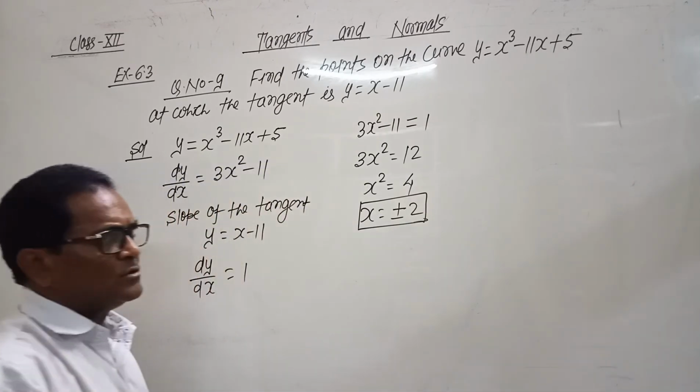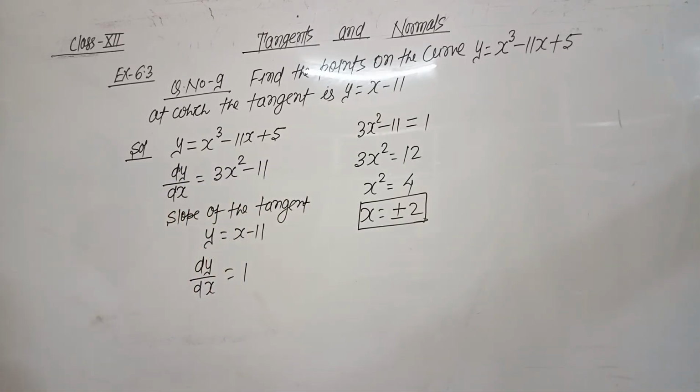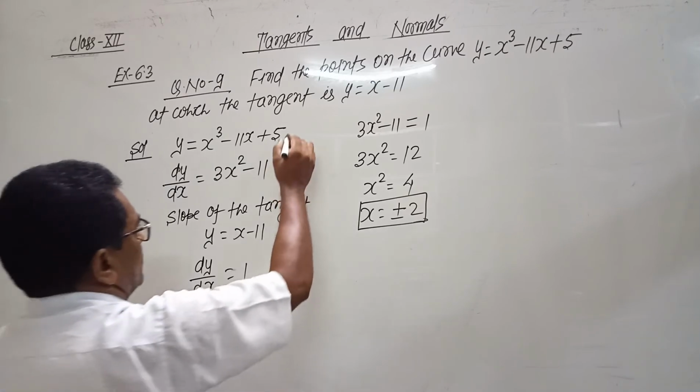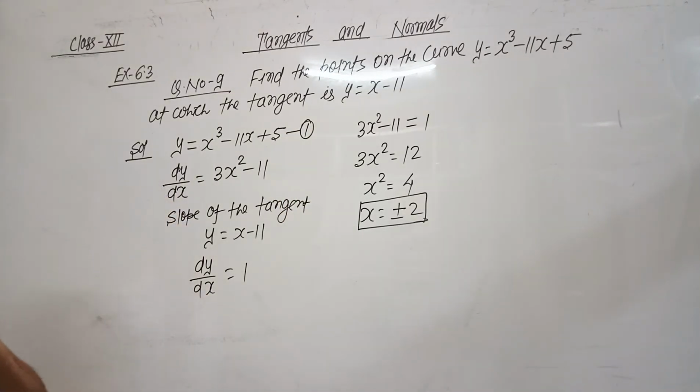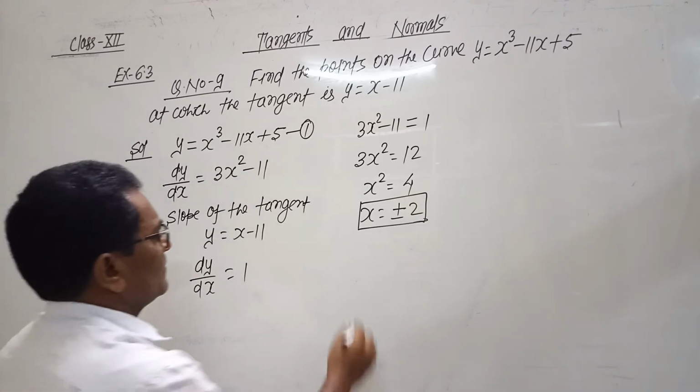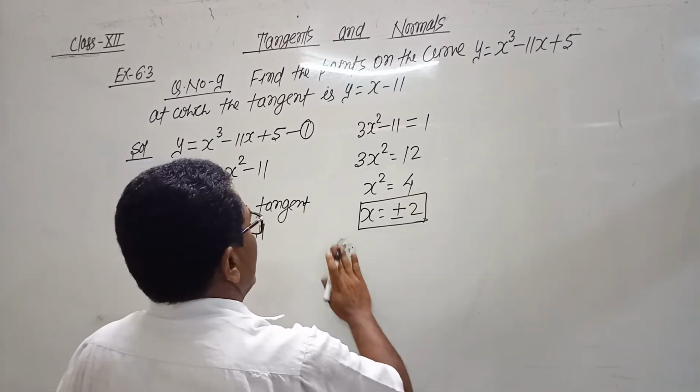So we get two values of x: x equals plus 2 and x equals minus 2. Now we have to find the value of y. The value of x always has to be put in the equation of the curve.